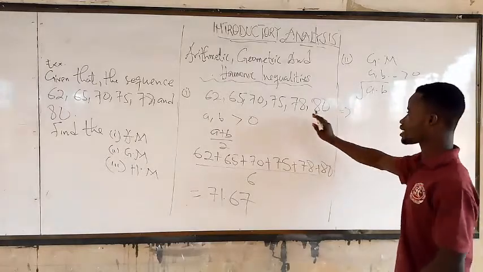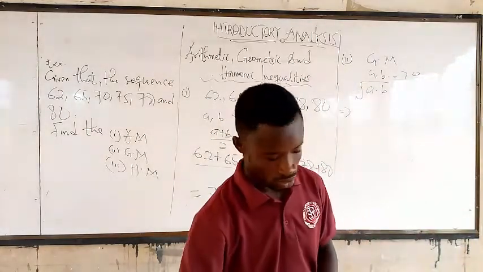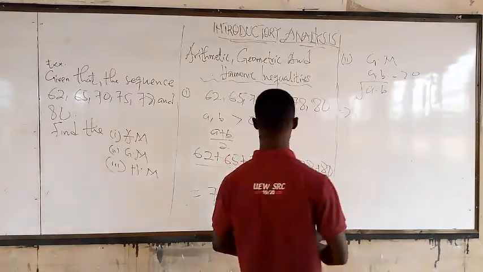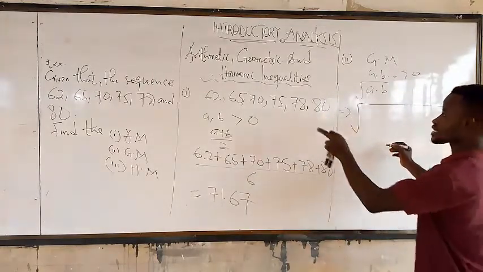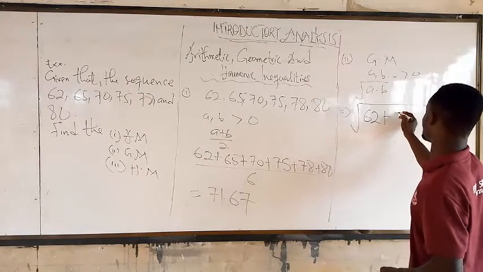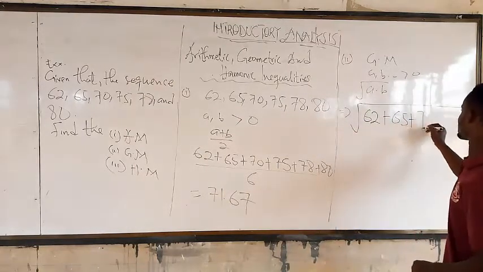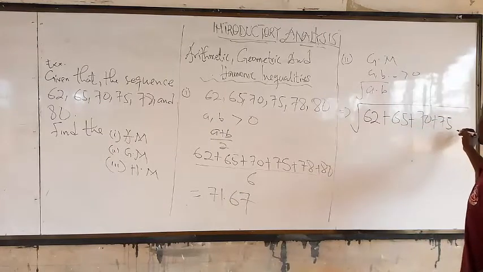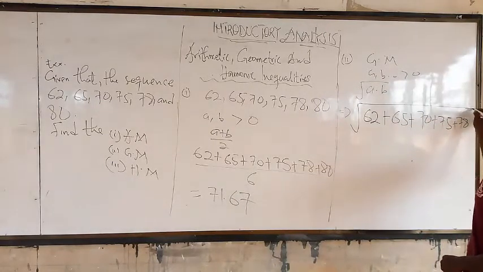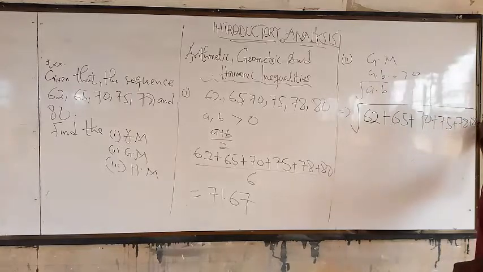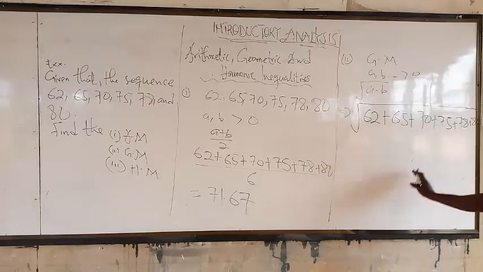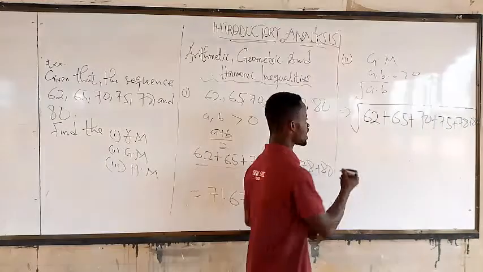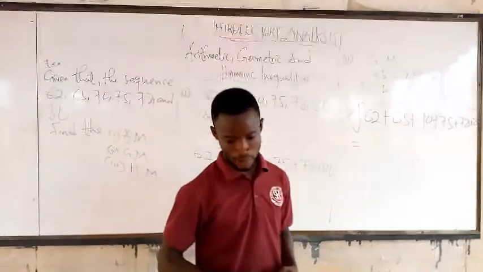So from what we have here, we just need to take the root of all the sequence: 62, 65, 70, 75, 78 and 80. Please, it's 80. So when you take your calculator and punch everything there, you are going to get the result.